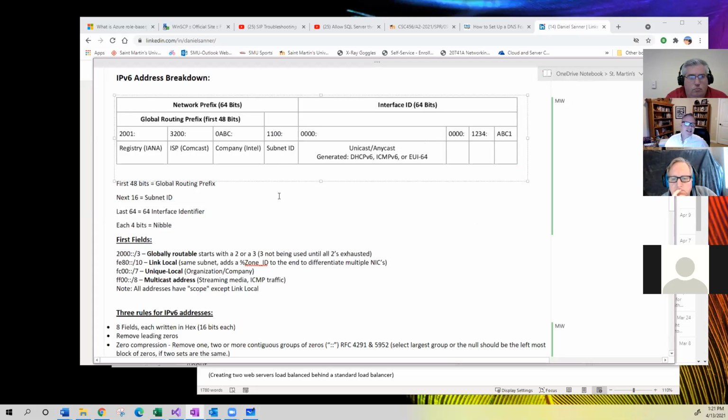All right. So this subnet ID can only be a certain number. It's actually less than what it could be with an IP version 4 number.